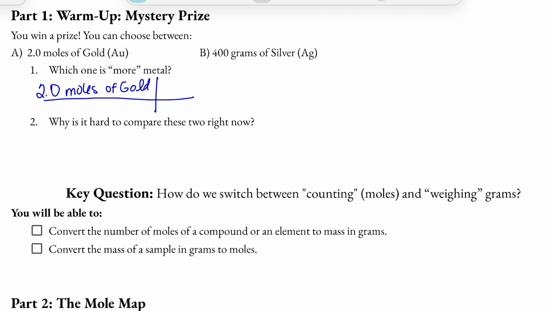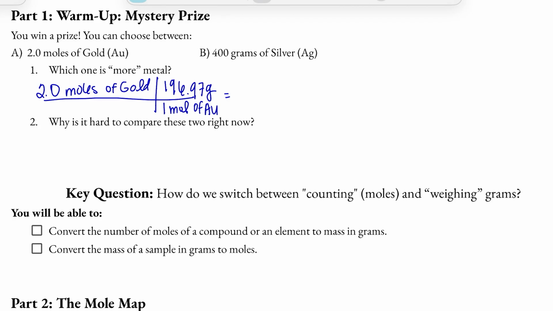So we're going to take a look at the periodic table and figure out what is the mass of gold. And so 1 mole of gold is 196.97 grams.